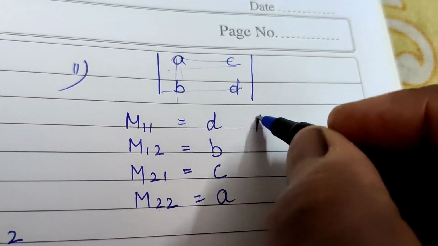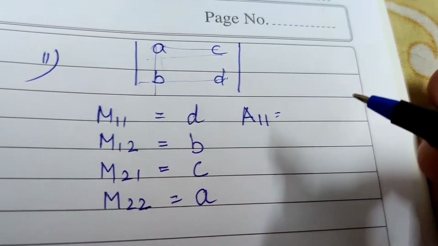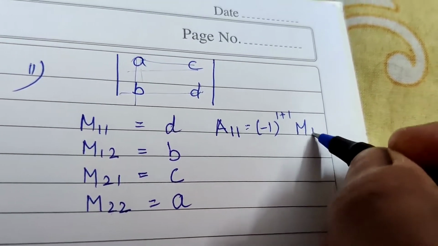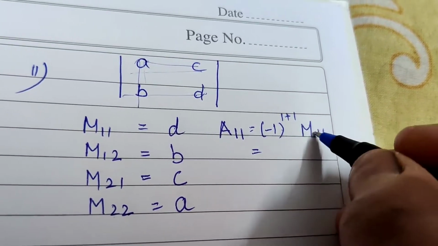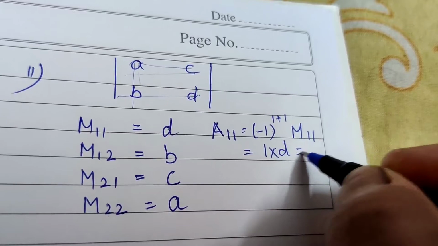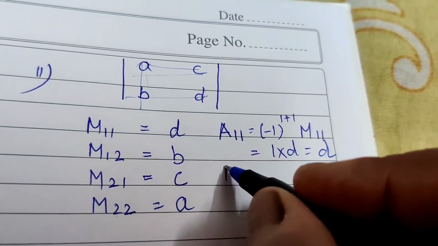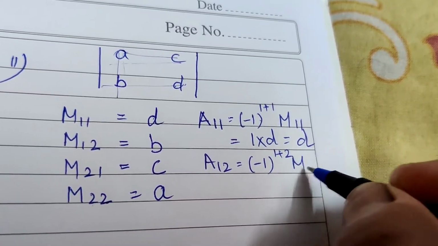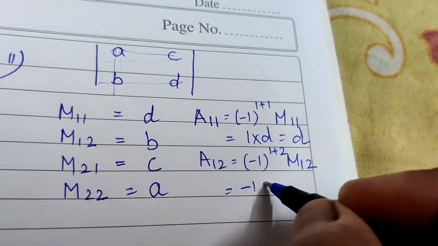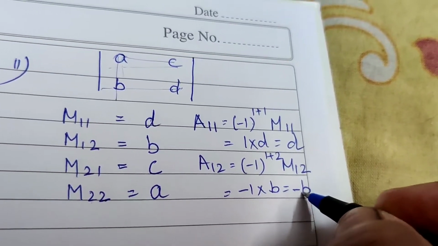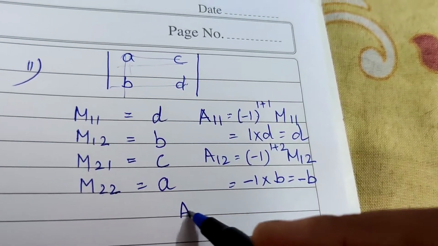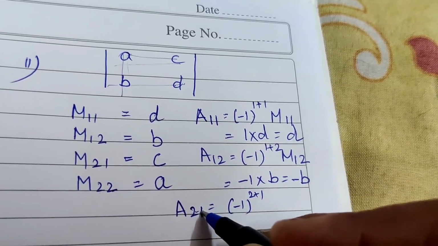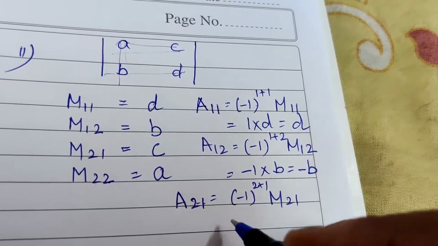Now the cofactors. A11 means minus 1 raised to power 1 plus 1 and M11. It is 1 into D, it is D. Okay. Now A12: minus 1 raised to power 1 plus 2 and M12, minus 1 into B, equal to minus B. And cofactor A21: minus 1 raised to power 2 plus 1 and M21.